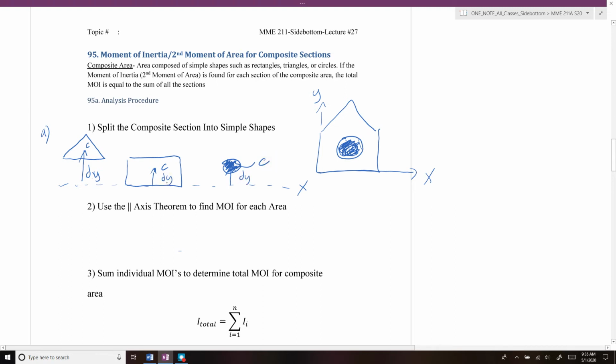So those are two steps: we divide into simple shapes, and we find the distance to the centroid from the axis of interest.